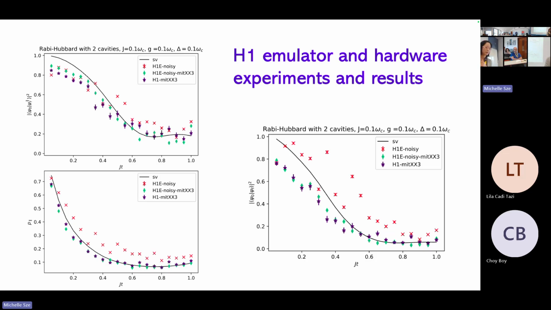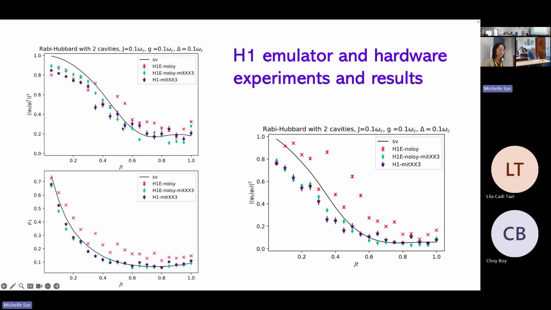This top part is the squared overlap of what we actually implemented on the quantum computer, a reduced LCU. We also considered the emulator results, the noisy one, the mitigated results, and also the actual hardware results. The noisy one is really noisy.